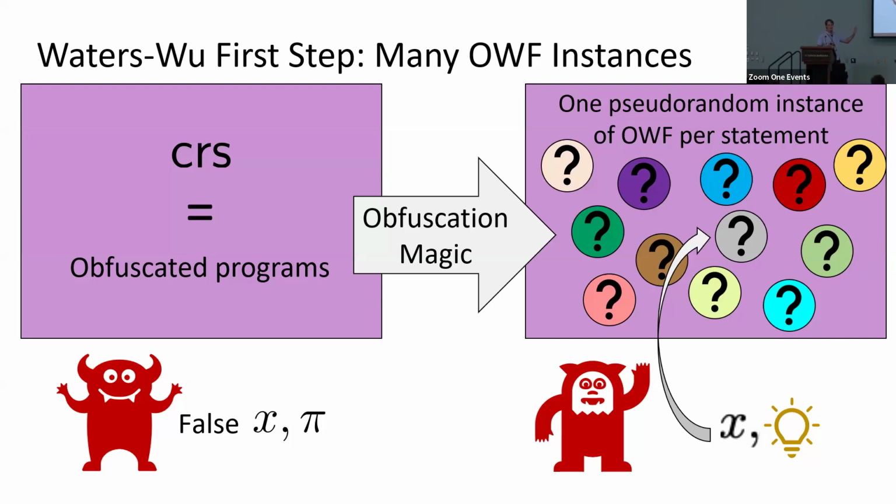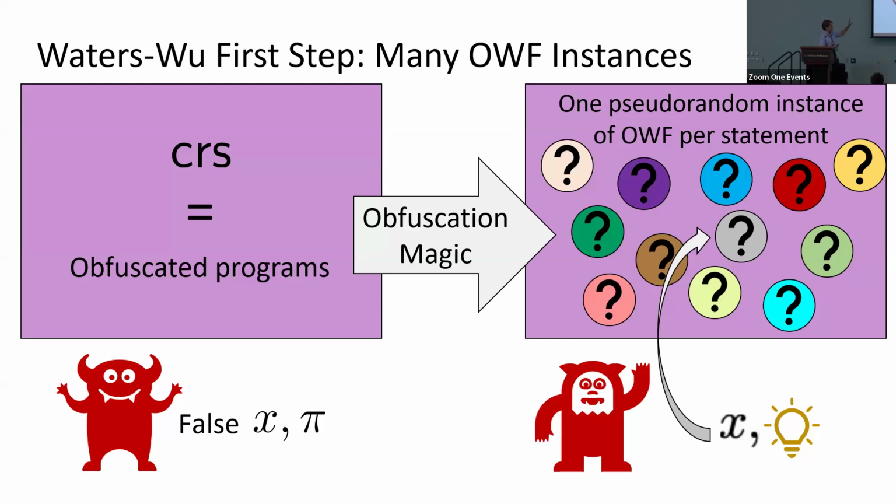We arrive at an adversary that's able to choose an X, which maps to one of these one-way function instances. And then the adversary also comes up with a solution for that one-way function instance. So there's a lot of details that go into this. This was one of the main insights of the paper, how to map to this. And we're going to just start from that step of their work.